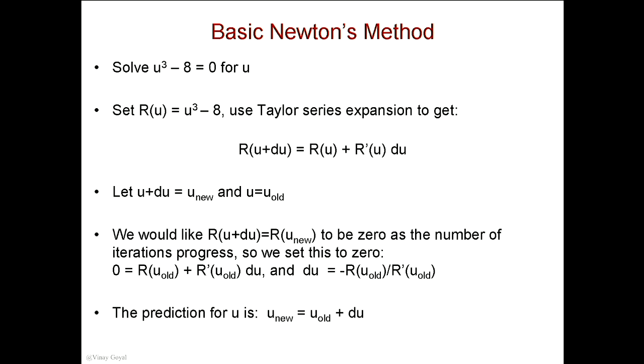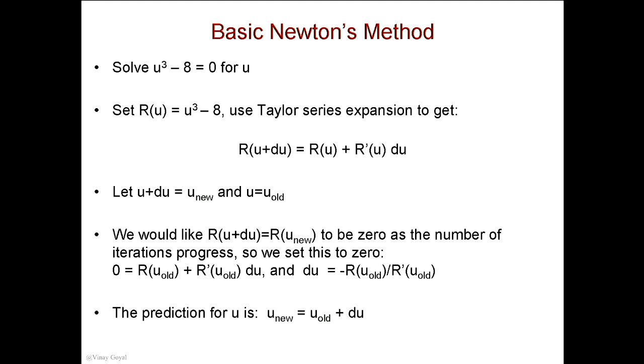What is my goal? I want this to be 0. I want this residual, as I move forward, to be 0, because I want u cubed minus 8 equals 0. I want to get u equals 2. So if I want to make that happen, I need to make that 0.